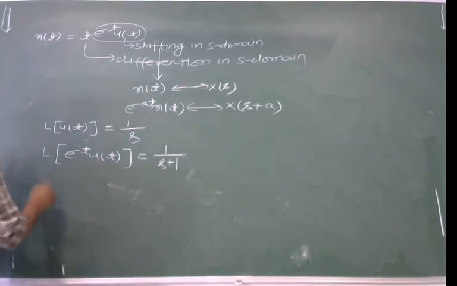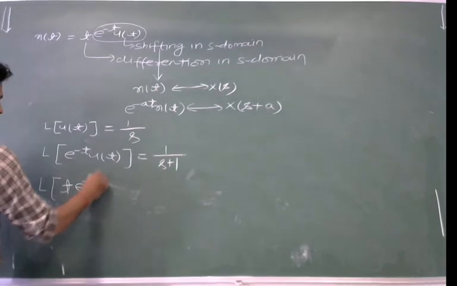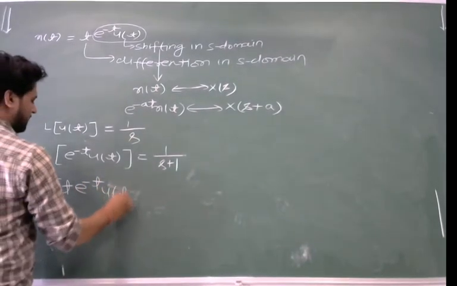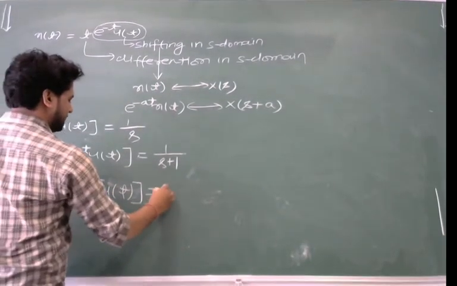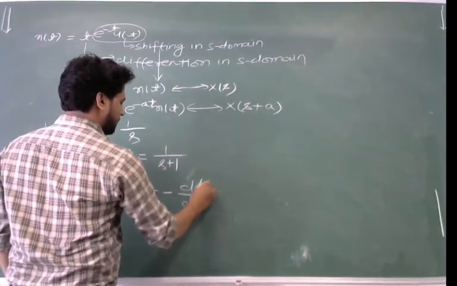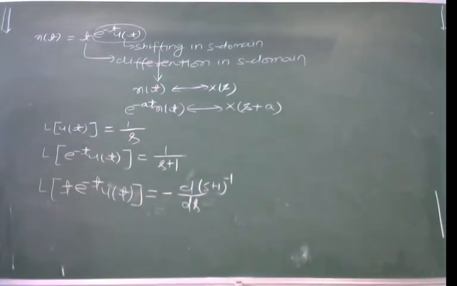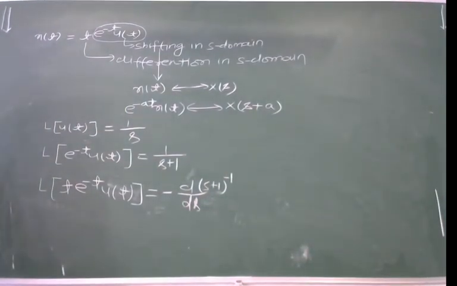And because the signal is multiplied with t here in the time domain, it means that we have to differentiate the signal in s domain. And the signal in the s domain can be written as (s plus 1) power minus 1.